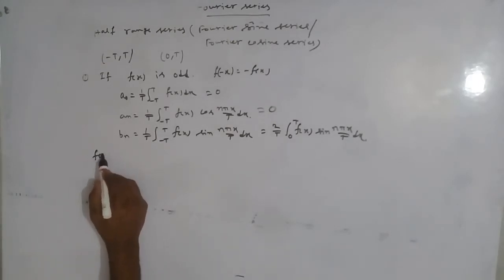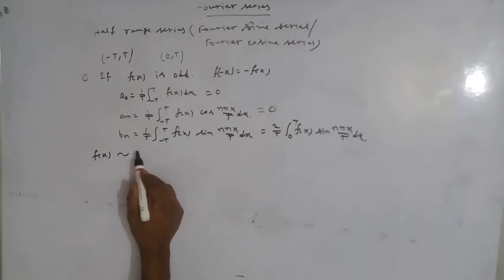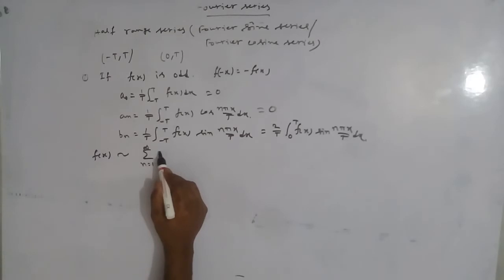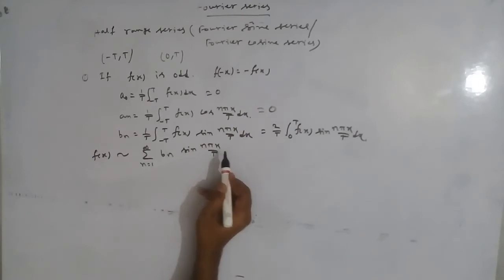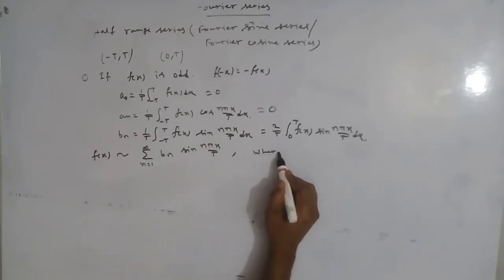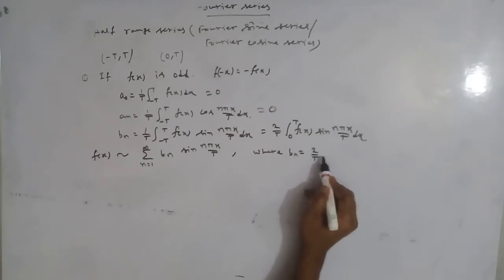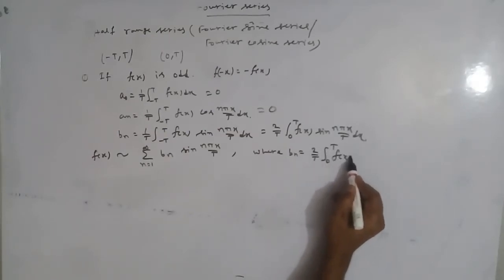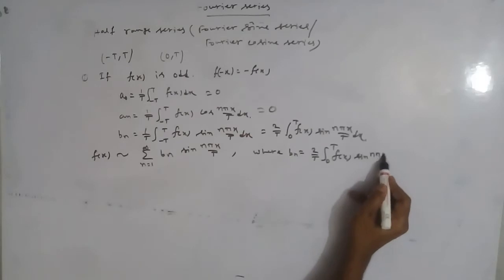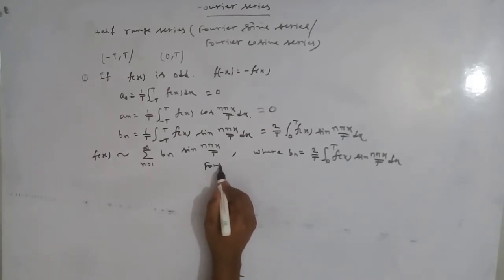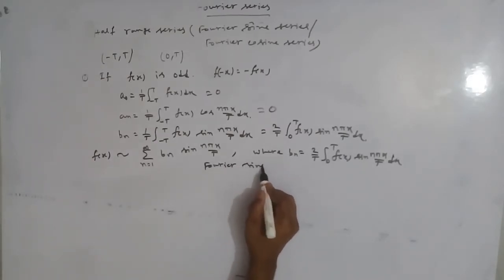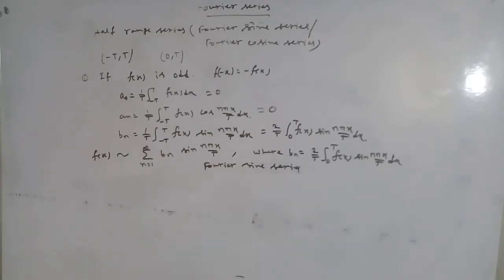Then the Fourier series becomes summation n equal to 1 to infinity bn sin n pi x by t, where bn is 2 by t integral 0 to t f(x) sin n pi x by t dx. This series is called Fourier sine series.